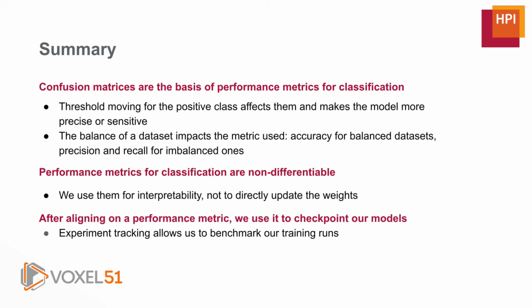So precision and recall are better metrics for imbalanced datasets, and we saw how we can save models based on the validation performance, and how we can track our experiments systematically using the Weights and Biases platform. We're going to be doing exercises using this in the practical part that I invite you to do through Kaggle.